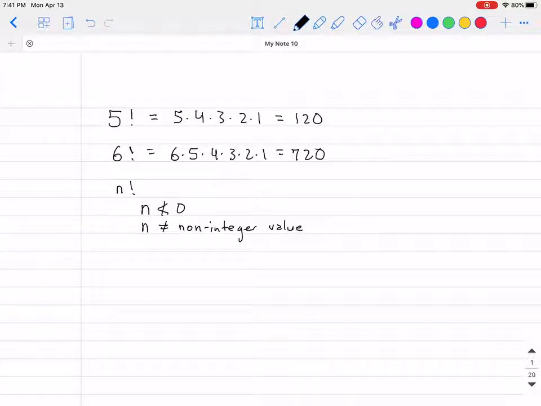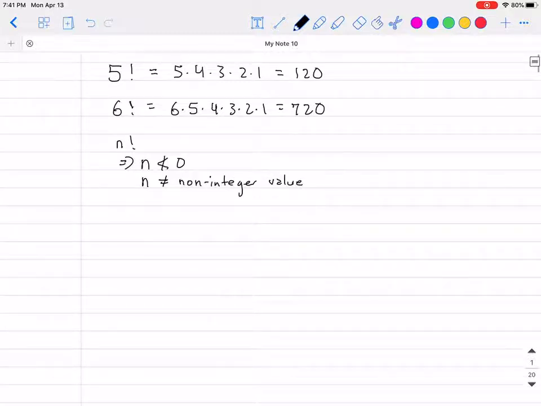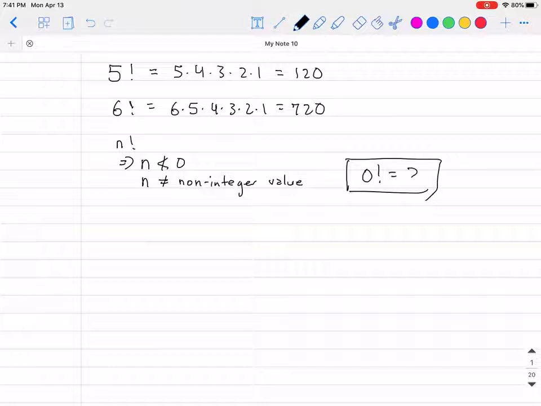And you're thinking, okay, in that case, according to the first one, technically we can have 0 factorial. And the answer is yes, and we'll see how to derive that in just a little bit. So let me hold that on the side. 0 factorial, what is that going to be equal to?